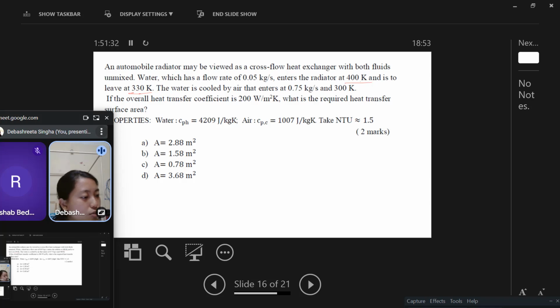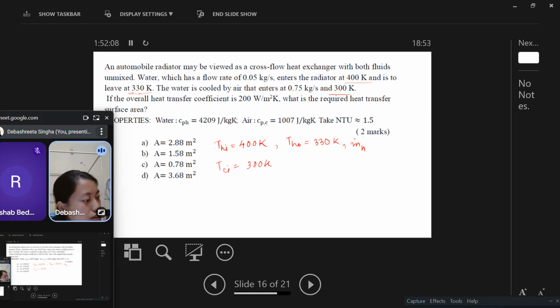From high to low, that means it is the hot fluid: THI 400 Kelvin, TH naught 330 Kelvin. The water is cooled by air, so air is the cold fluid. TCI, it enters at 300 Kelvin.